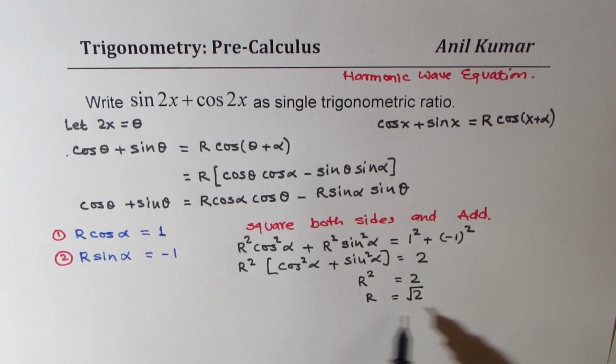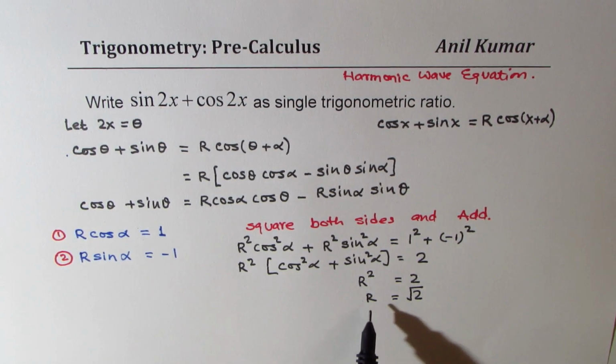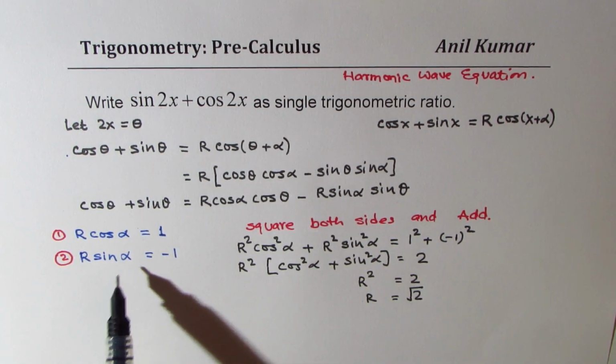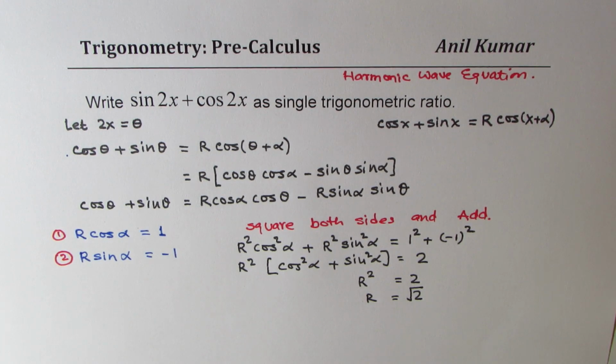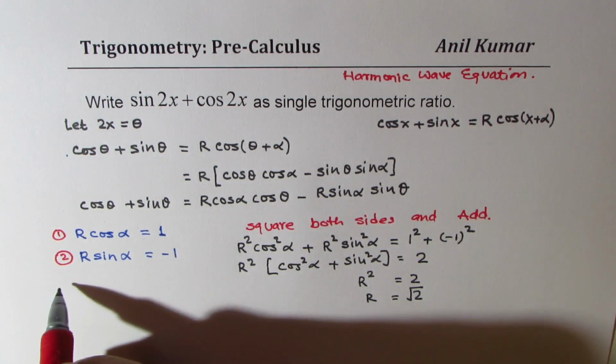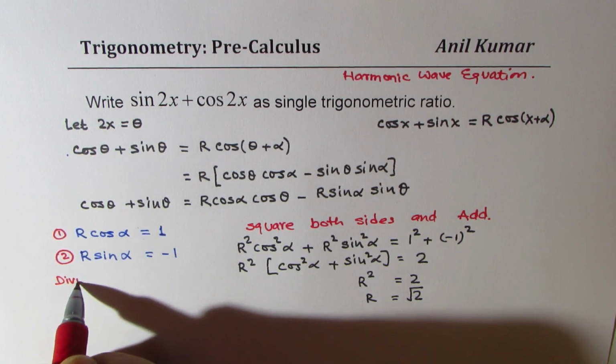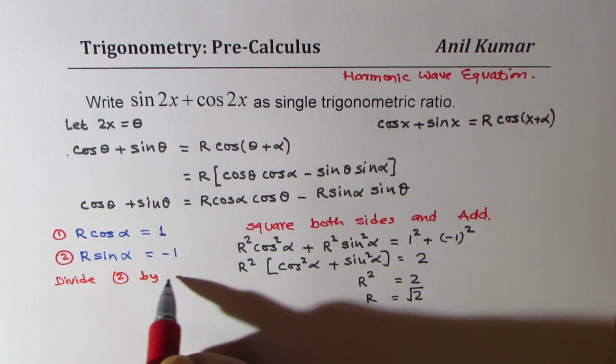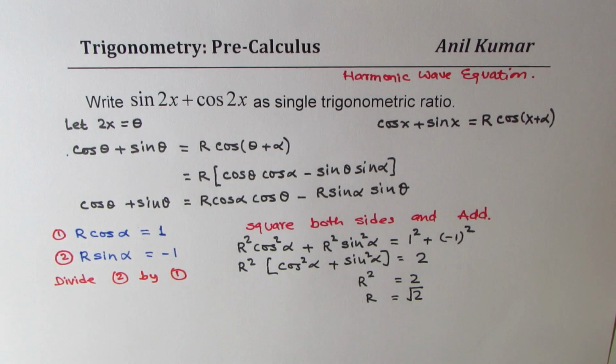Now we'll take the positive value of r. So r is square root of 2. So we get the value of r. Now let's find what alpha is. To find alpha, we can divide equation 2 by equation 1.